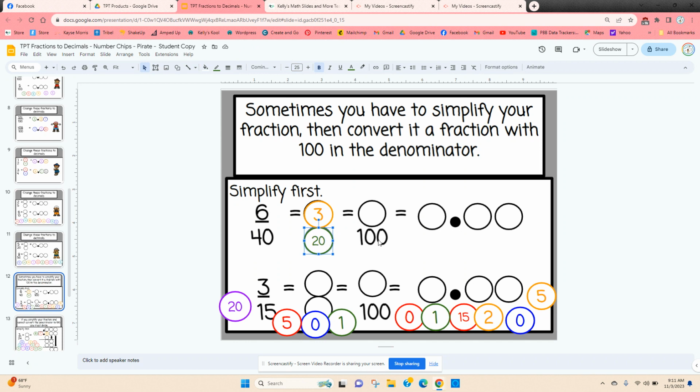So then we can find an equivalent fraction here by multiplying by 5. And we get 15 hundredths, which we can change to a decimal. Here, if we simplify and divide by 3, we get 1/5. We're going to multiply numerator and denominator by 20, and we get 20 hundredths, and then we can change that into a decimal.